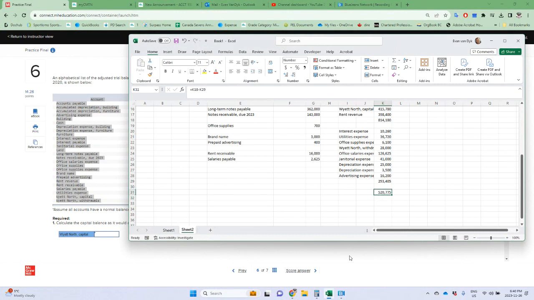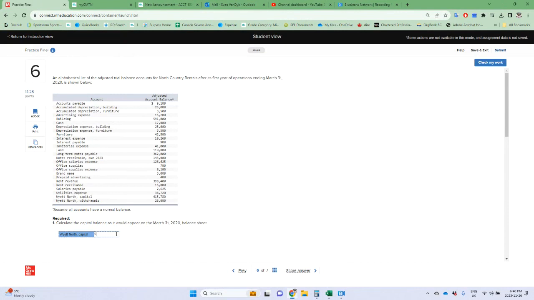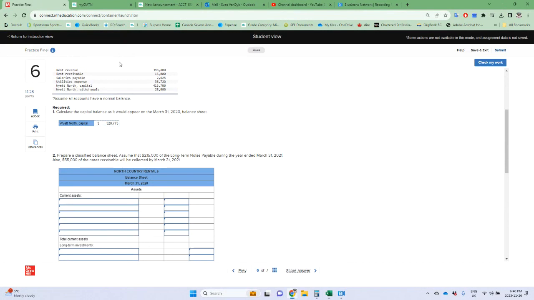And I get an updated amount of 527.75. We'll find out if that's the right answer here because we can find out if we balance at the end, if that's what we get.